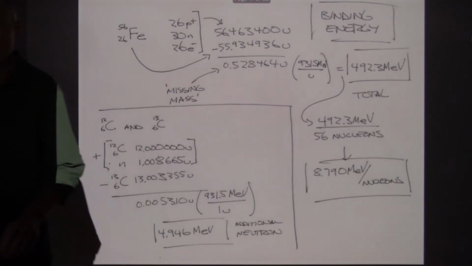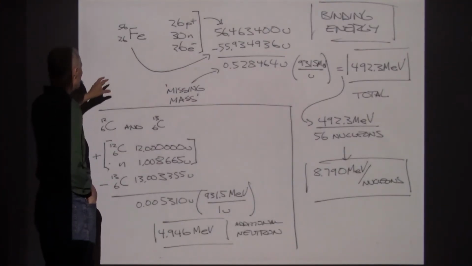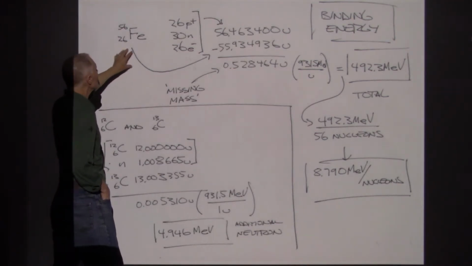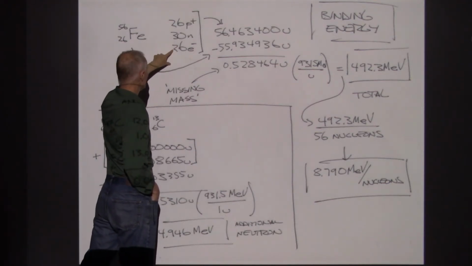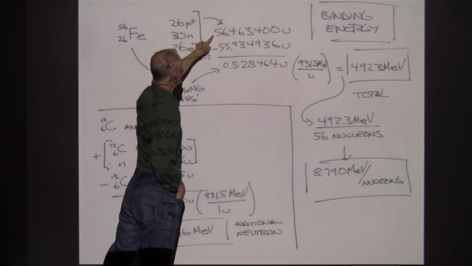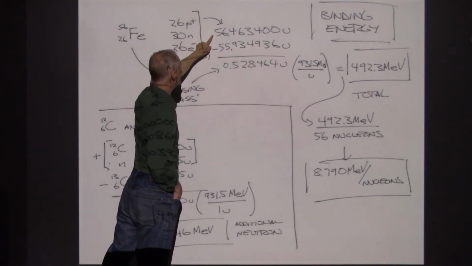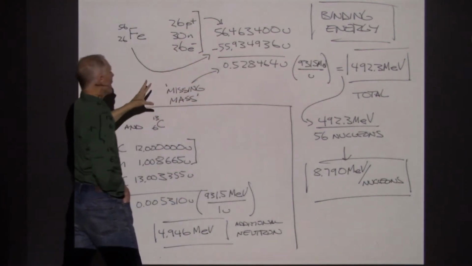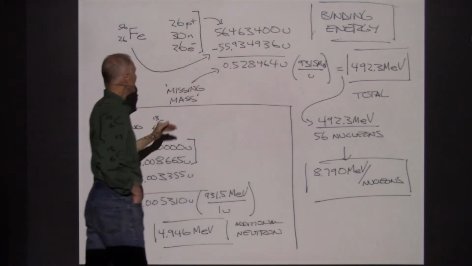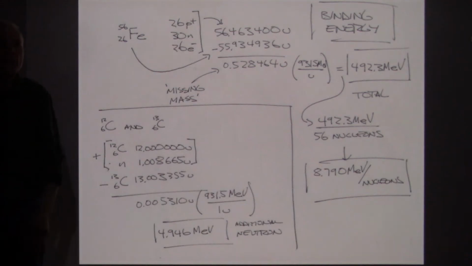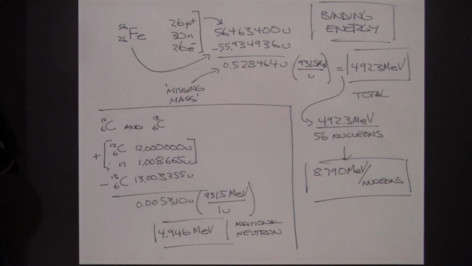So here is iron-56 in a little bit more detail. That would be 26 protons, its element number 26, 30 neutrons, 26 electrons. Adding all those together, 56.4634, subtracting off the mass of, this is what I've looked up for iron-56 in Appendix F. So I think I've mentioned this before in Chapter 40, that in looking up isotope masses, the periodic table doesn't work.